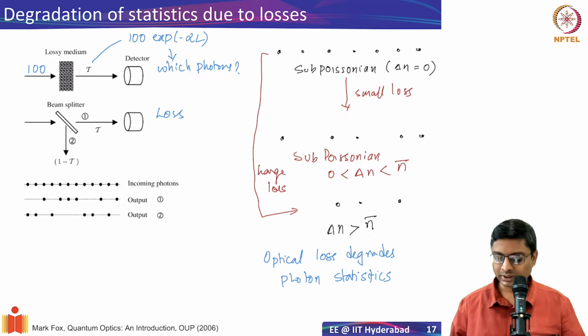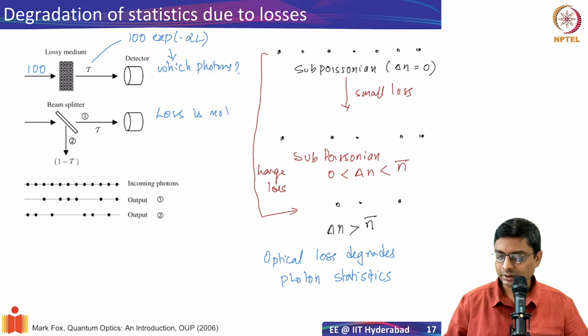Let's say the transmission coefficient is t, so that many photons are going through, and the rest, the 1 minus t photons, are going to the other side, getting reflected. So loss is modeled by a beam splitter.